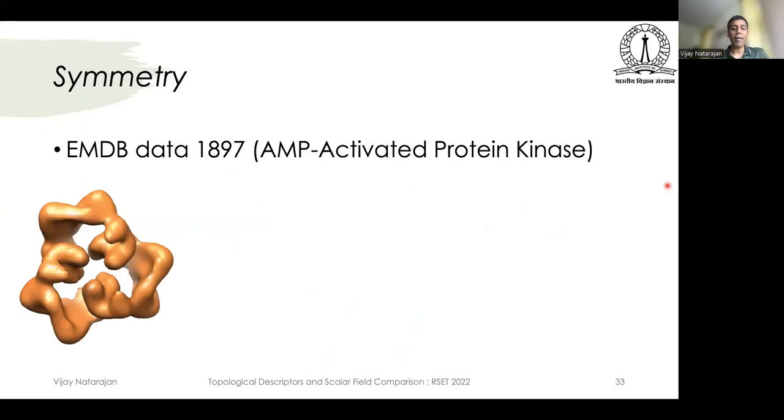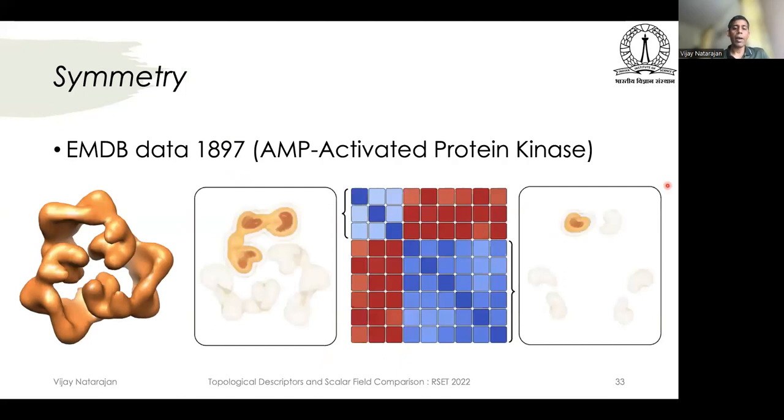So here we have a cryo-electron image of a protein. In this case, it's a protein kinase. It's an enzyme. We pre-process this data to identify some repeating units, where each of these repeating units is represented by a tree, and we run MTED over these collections of trees.